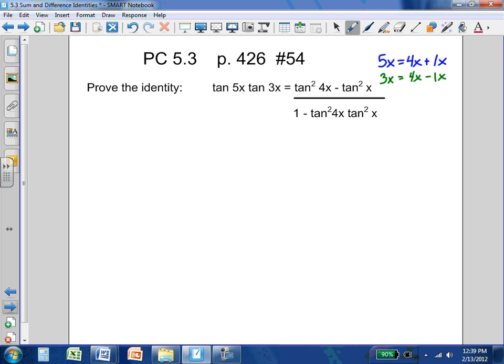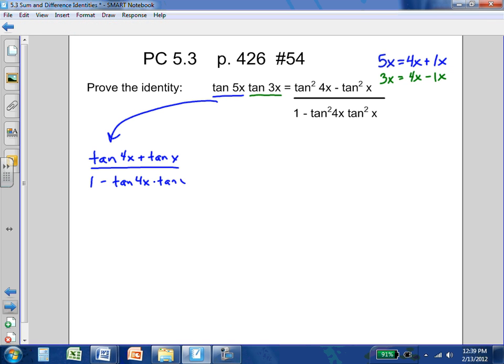So I'm going to look at each of these pieces individually and rewrite them using the identities, splitting them up the way that I had written in the top corner. So the tangent of 5x, using the tangent sum identity, is the tangent of 4x plus the tangent of x over 1 minus the tangent of 4x times the tangent of x.